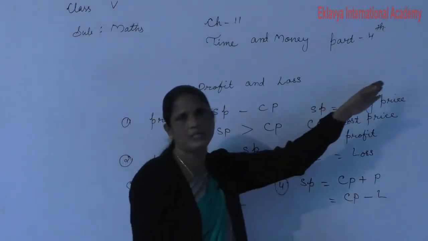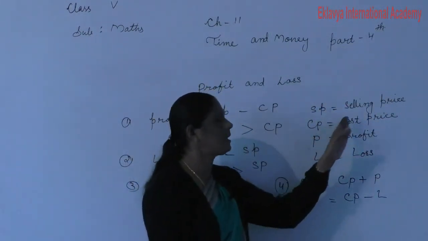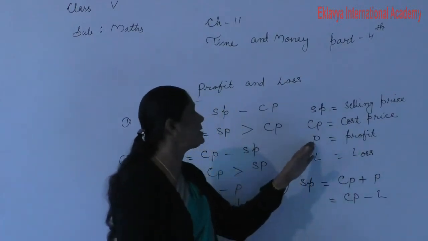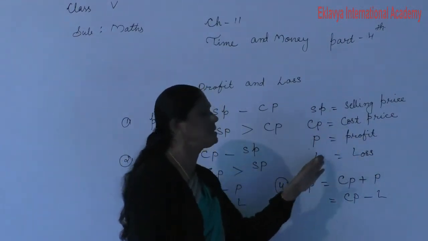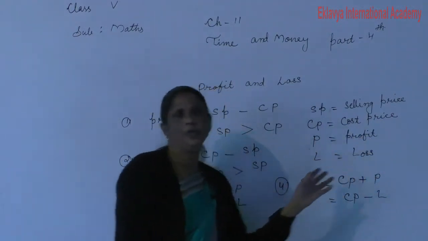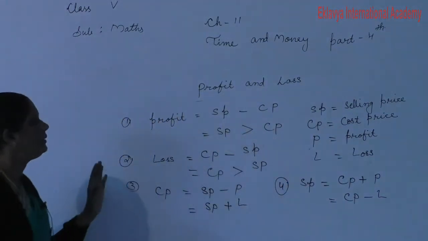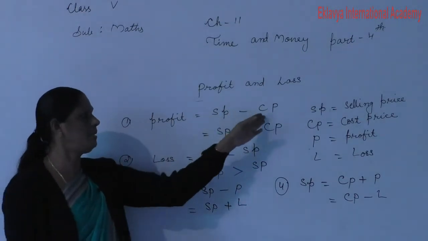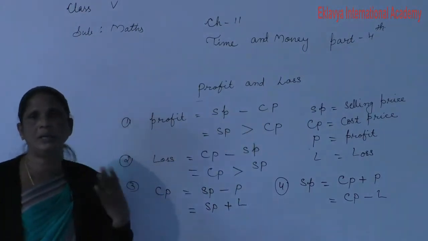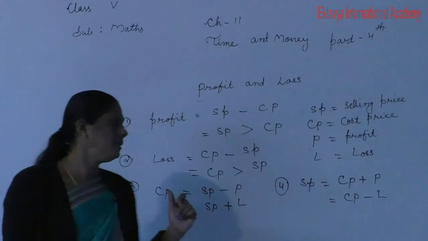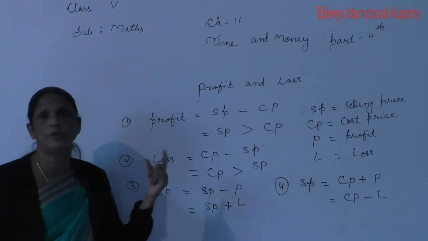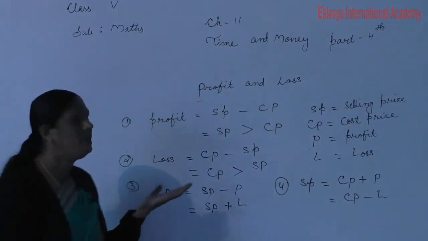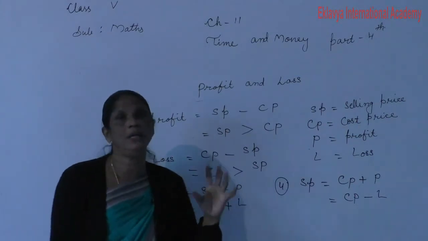SP is equal to selling price, CP is equal to cost price, P is equal to profit, L is equal to loss. You learn these formulas. Profit is equal to SP minus CP, SP greater than CP. Loss is equal to CP minus SP, CP greater than SP.